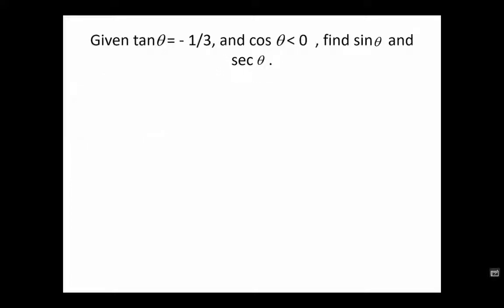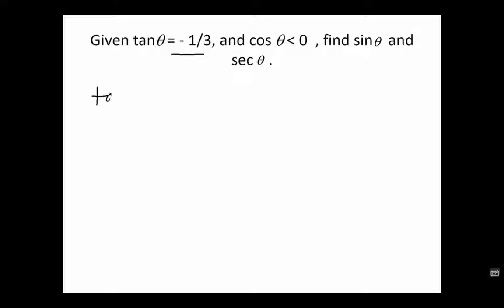Let's consider another example. Given that the tangent of theta is a negative 1/3 and the cosine of theta is less than 0, let's find the sine of theta and the secant of theta. Because the tangent is negative, and y is positive, so let's see.